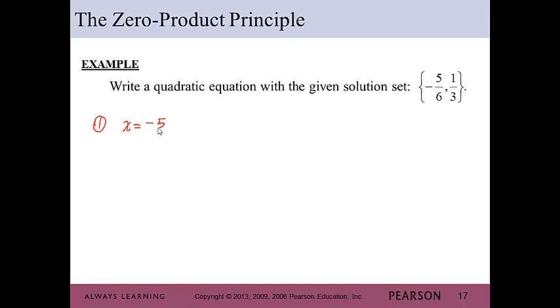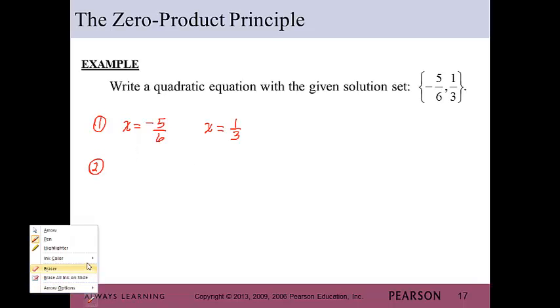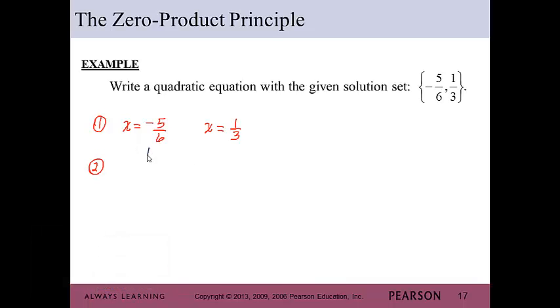So you have x equals negative 5 over 6. And then you have x equals a third. And then step 2, you're going to move everything to the same side as x. So we're going to add 5 over 6 on this equation. And now we have x plus 5 over 6 equals 0. And then for this equation, we're going to subtract a third. So now we have x minus a third equals 0.